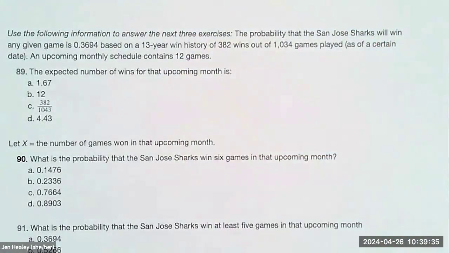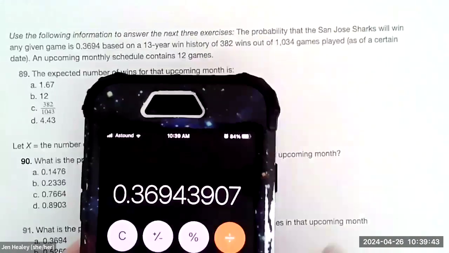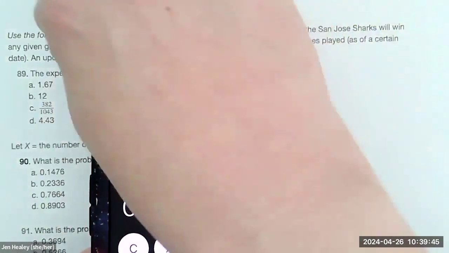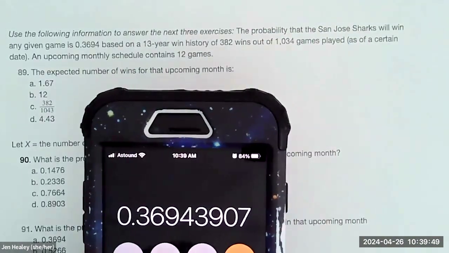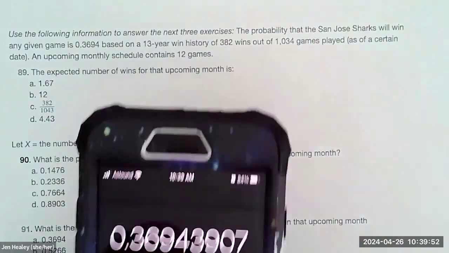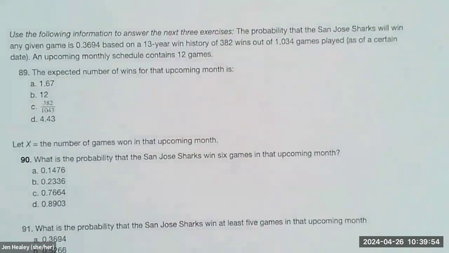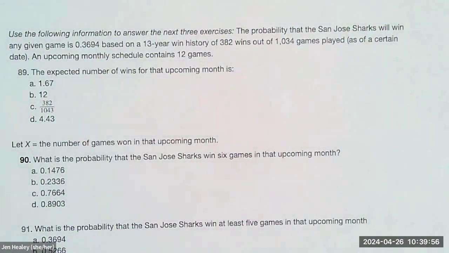If you take that number, 382 divided by 1,034, that's where that 0.3694 number came from. So you don't have to stress about it. Lots of people stare at those numbers and wonder what they're supposed to do. Well, they already gave you that. That was redundant information. Okay.